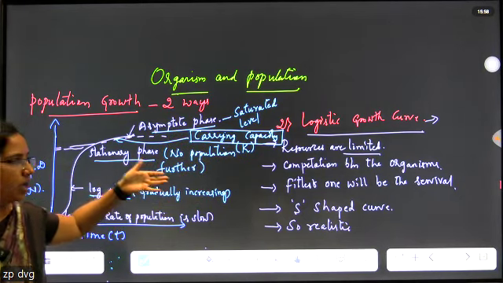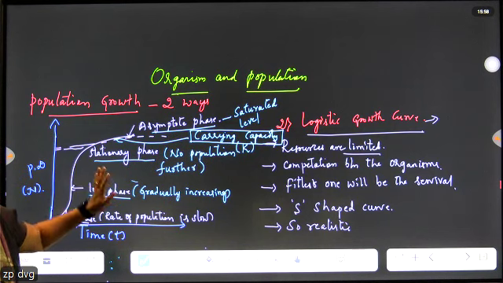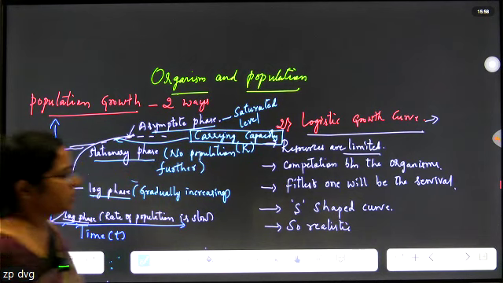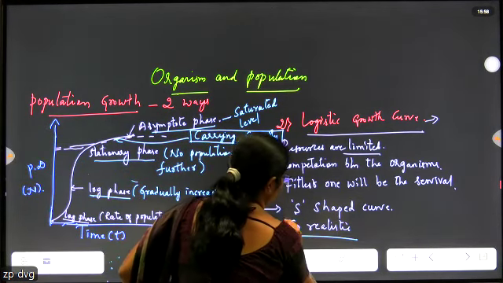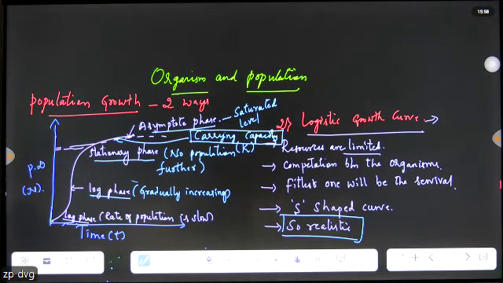If they do not have that ability, they will eventually be eliminated from nature. Because of that, we can say the logistic growth curve is more realistic and more acceptable compared to the exponential growth curve. Okay. So next thing, finished.